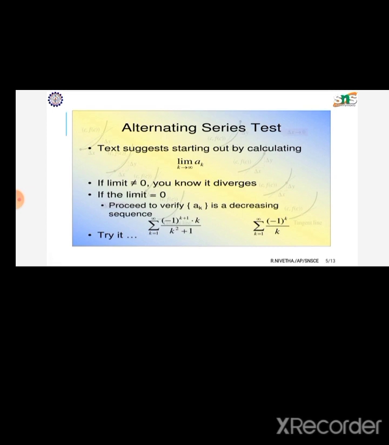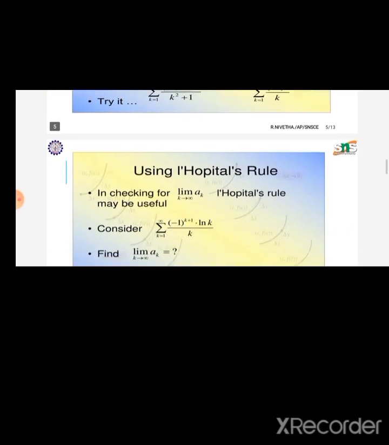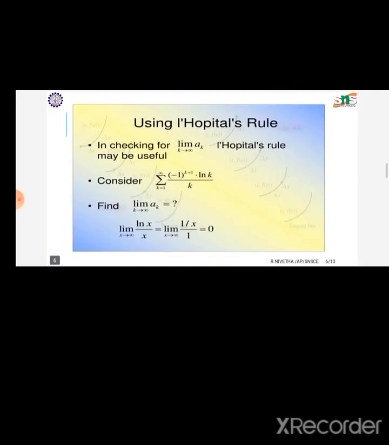If we expand the term, we get the summation from k equal to 1 to infinity of (-1)^k divided by k. Using L'Hopital's rule, for example, take the limit as k tends to infinity of a_k, where a_k is (-1)^(k+1) log k divided by k.